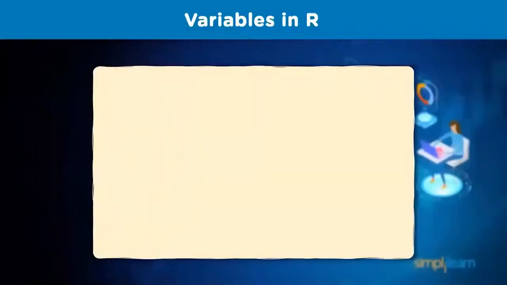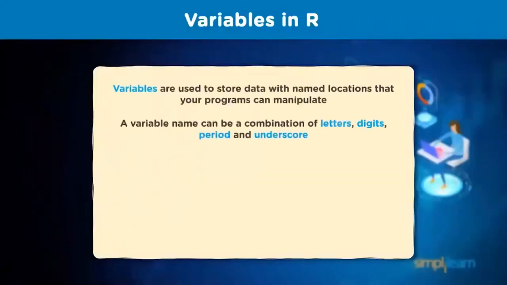So when we talk about variables in R, they are mainly used to store data with named locations that your programs can manipulate.